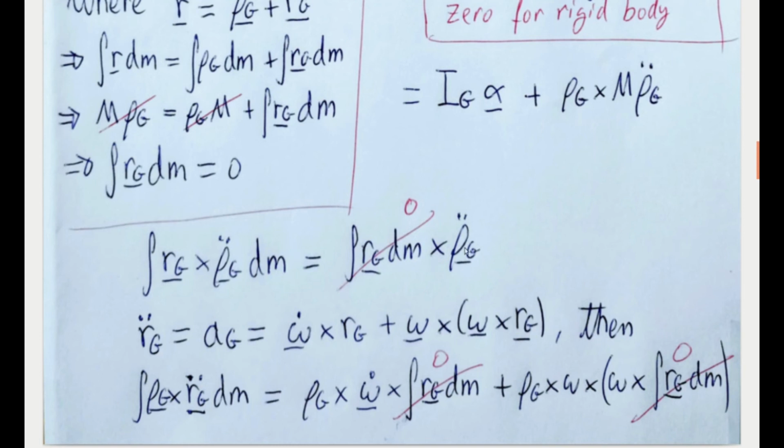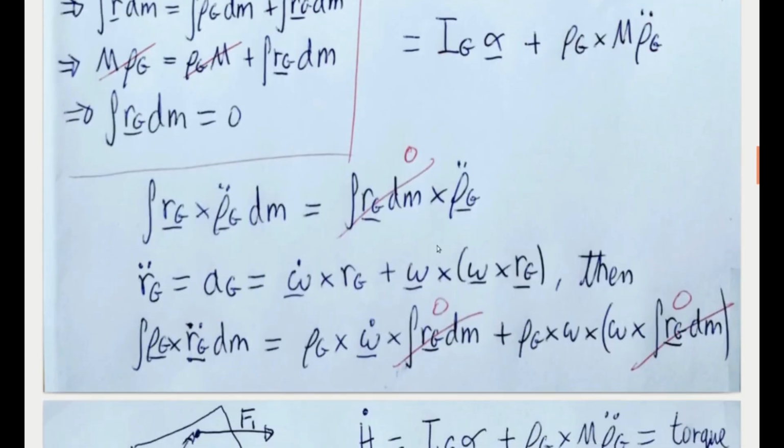A similar story happens for the next integral, but to show that we need to do some manipulation. First, the acceleration of every point like this in the body, if it's a rigid body, can be written like so, where omega dot is alpha actually, so maybe I should have just used alpha.